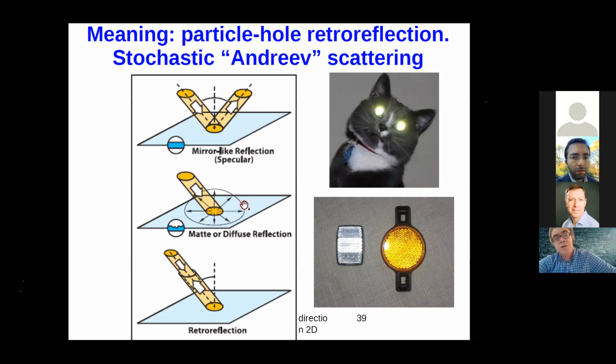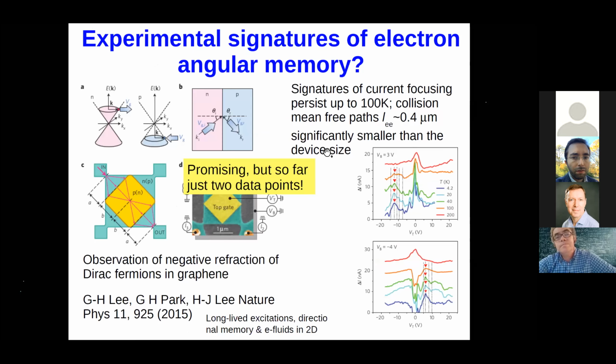So it is, if you like, what our Fermi system is doing. Our Fermi system is like an eyeball that generates a red-eye retroreflection, and that's that retroreflected hole. All right. So that's good.